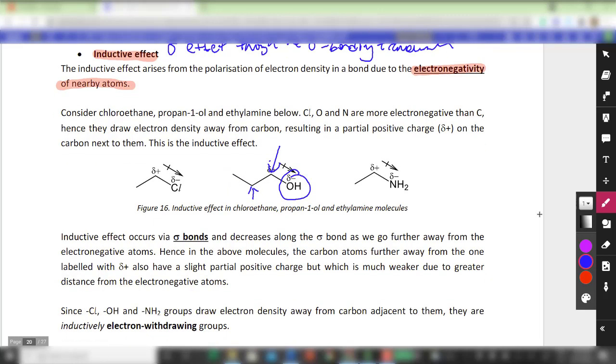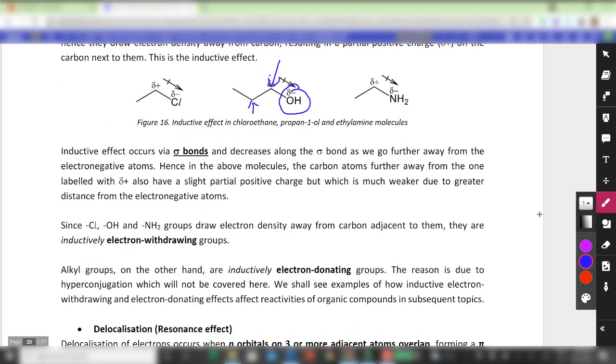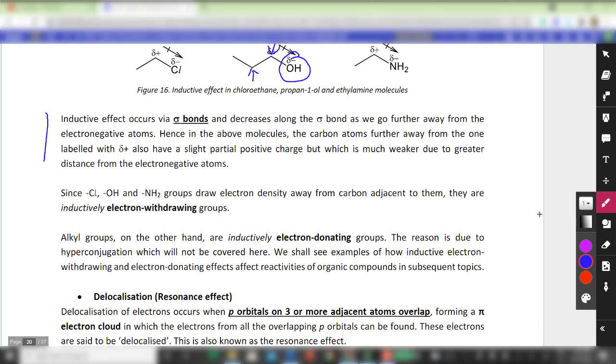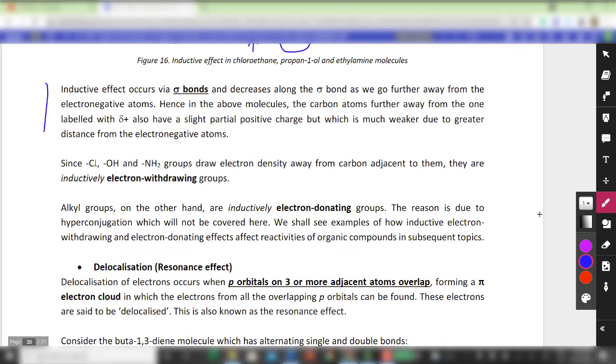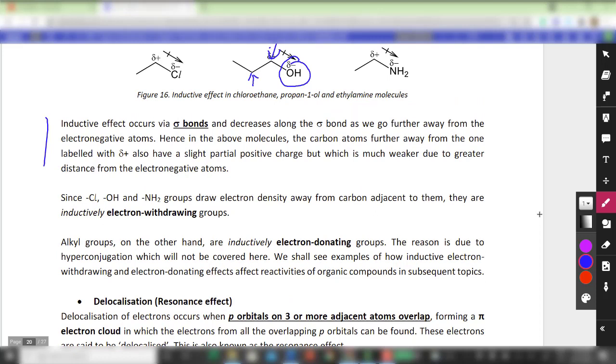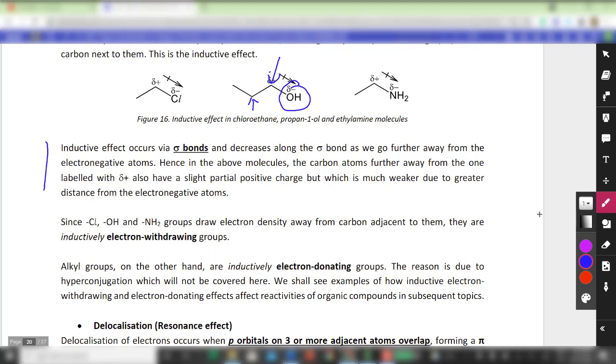So it's usually through the sigma bonding framework, and as you go further, its effect is more and more minimized. We call groups like Cl or NH2 inductively withdrawing. Because of the inductive withdrawing effect, the outcome is a partial positive charge at the carbon bonded directly to it.